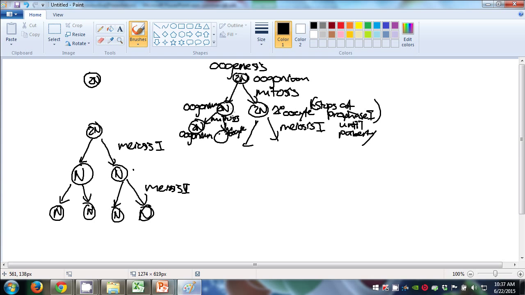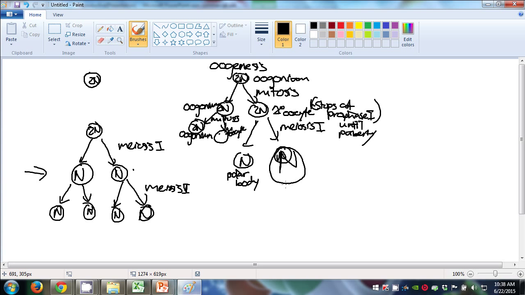So after meiosis 1, you'll have what cells at the end here? Are they haploid or diploid, first of all? Haploid, just like on this side here. But these haploid cells, what do we say that they were? We have one that was a lot larger than the other. What was this one that's very small and will degenerate? Polar body.